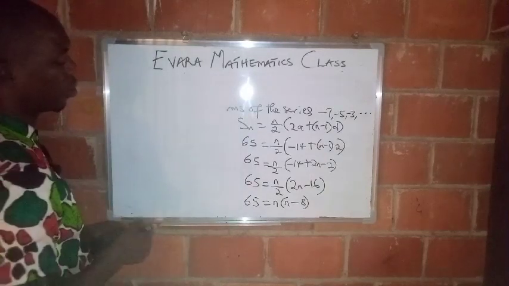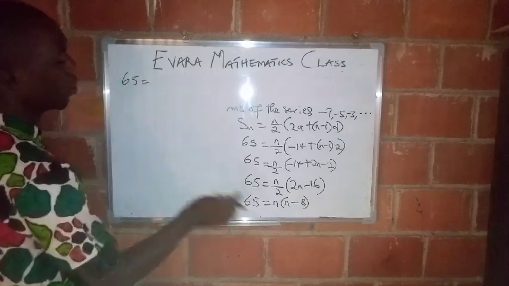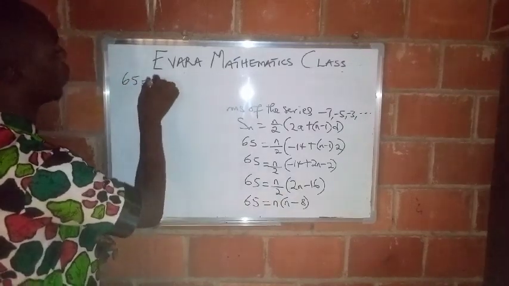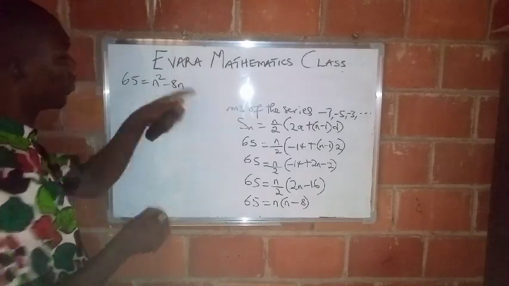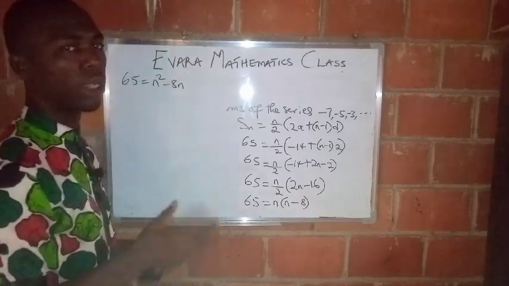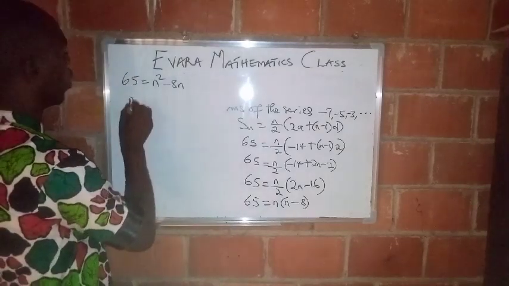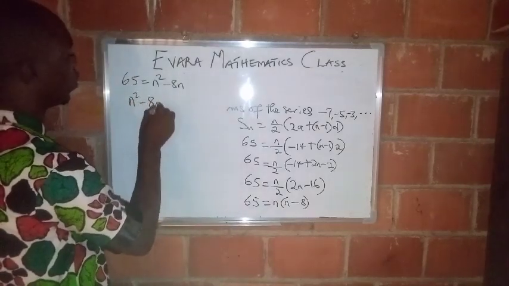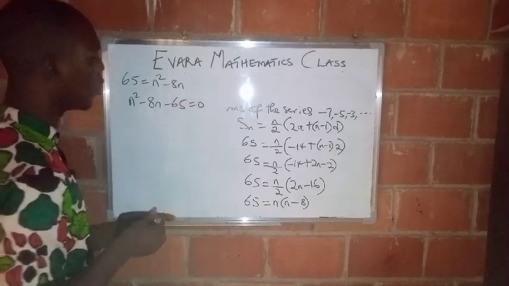So now we have 65 equals, if you open this bracket, you have n squared minus 8n. So from this equation now, we can rearrange to form a quadratic equation, which is n squared minus 8n minus 65 equals 0.